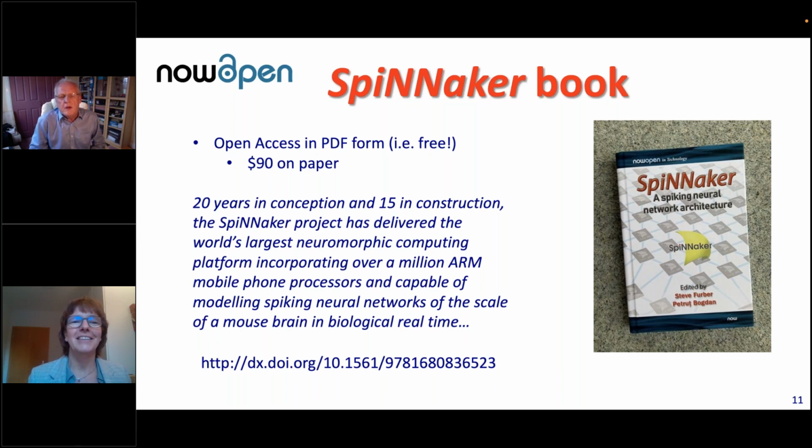Well, I think in a sense the questioner is right that when we're working in software in particular, we can model anything. So we don't actually need a memristor to use a memristor model on a machine such as SpiNNaker.